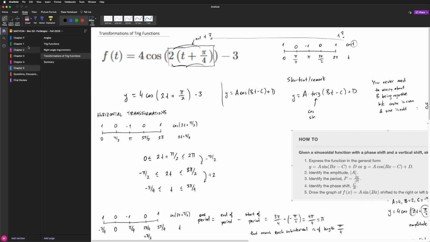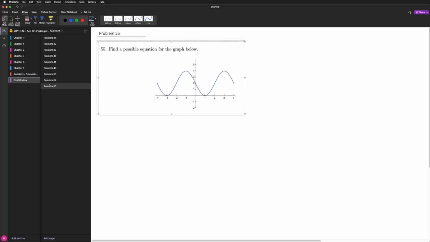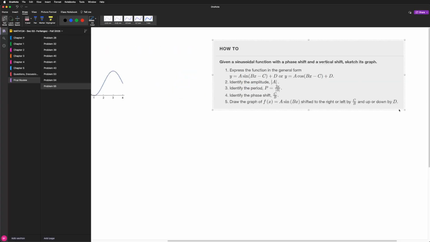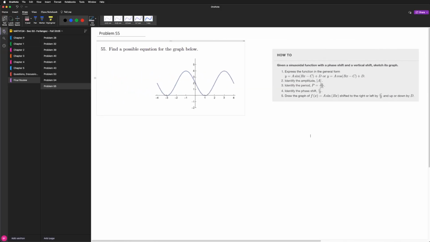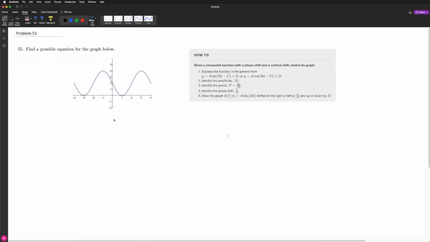We copy this, put it here. So we will have to do a little bit of reverse engineering. Instead of starting from sine of x or cosine of x and getting our graph, we're going to start with our graph and figure out where it comes from.